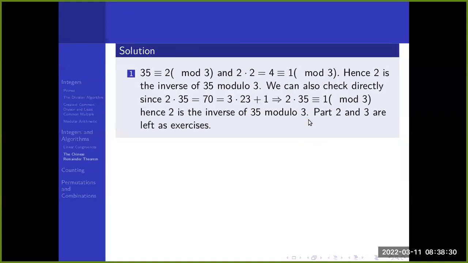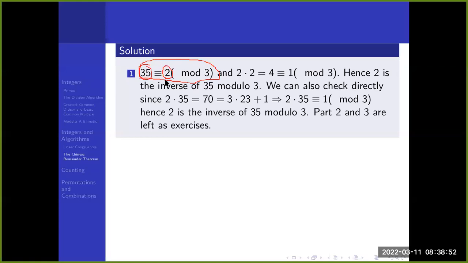So let's see if we can solve one of them. So we know that 35 is congruent to 2 modulo 3. So if you want to find the inverse of 35 modulo 3, it should be just the same as finding the inverse of 2 modulo 3.